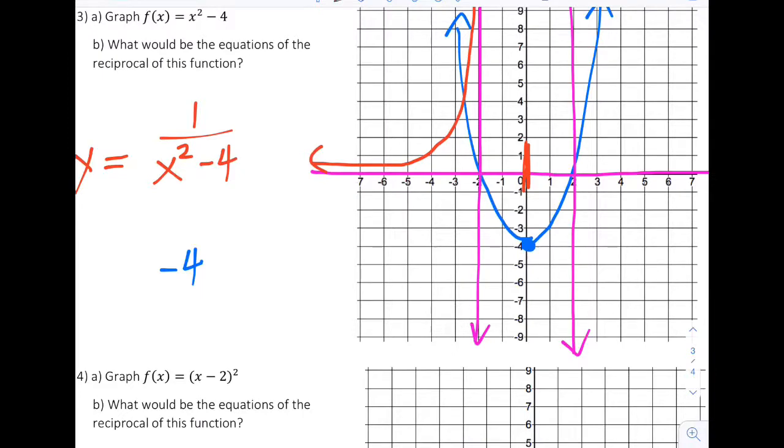Well, it'll be the reciprocal of that. So the reciprocal of -4 is -1 over 4. That means that the reciprocal graph has a maximum at -1 over 4, somewhere right in that region. And based on our vertical asymptote, it's going to end up looking something like this.